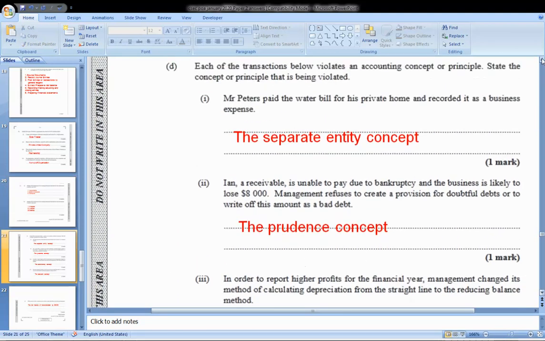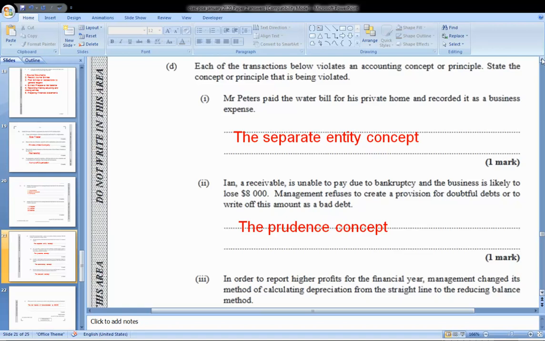The D part says of 4, we're still on question 4. Each of the transactions below violates an accounting concept or principle. State the concept or principle that is being violated. 1. Mr. Peters paid the water bill for his private home and recorded it as a business expense. 1 mark for that.